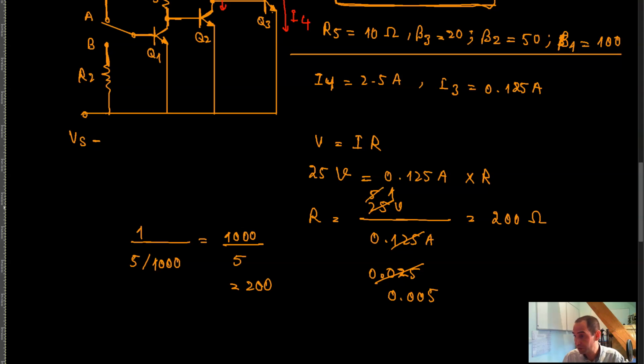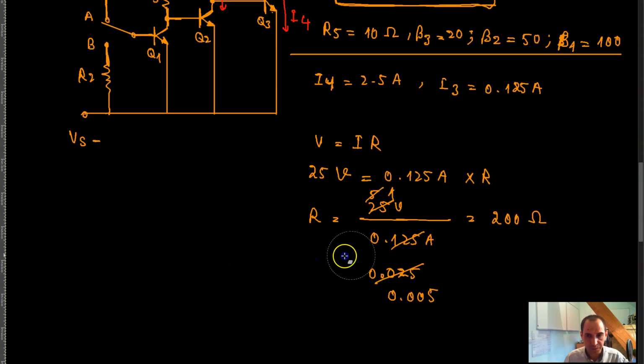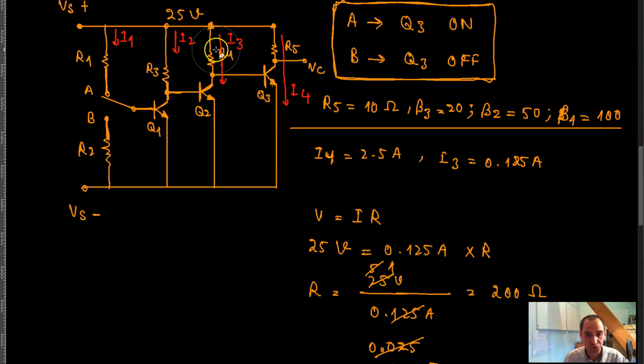So let me see if that was correct. 25 by 0.125 is 200, right? Okay, so this resistor R4 over here is supposed to be 200 ohm.